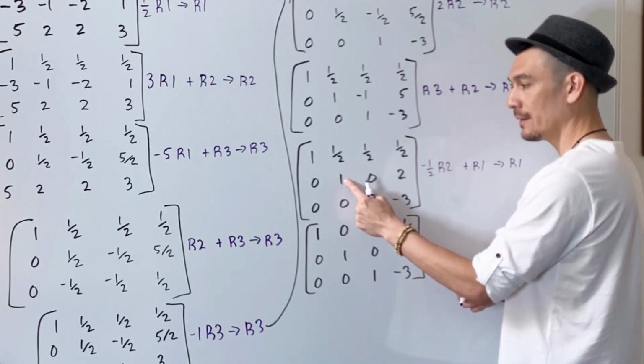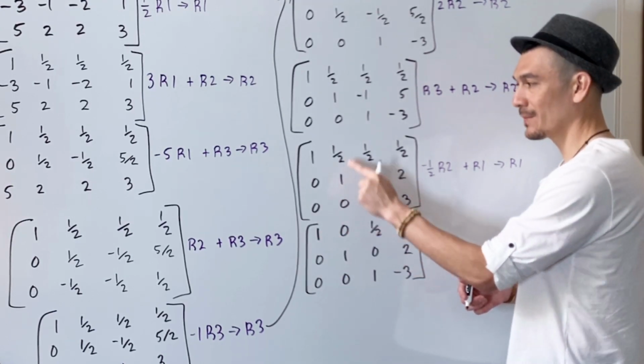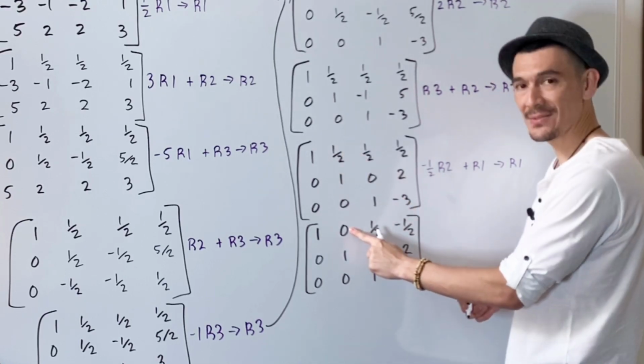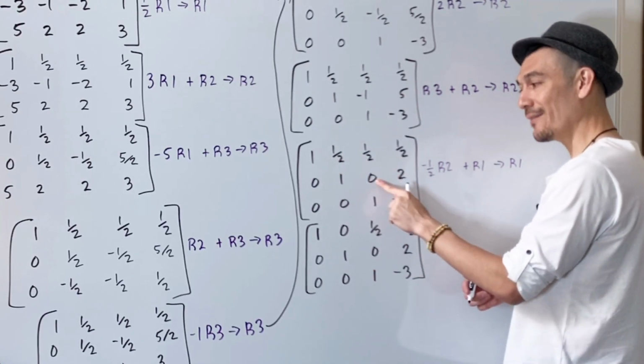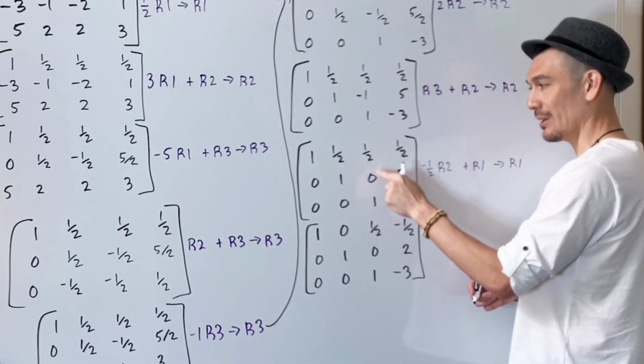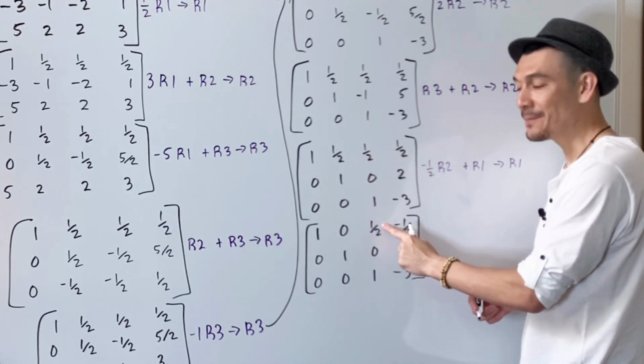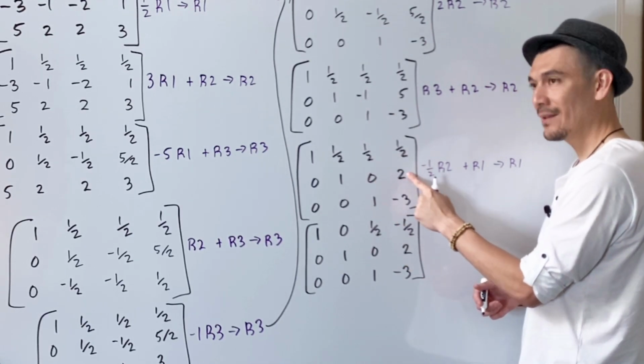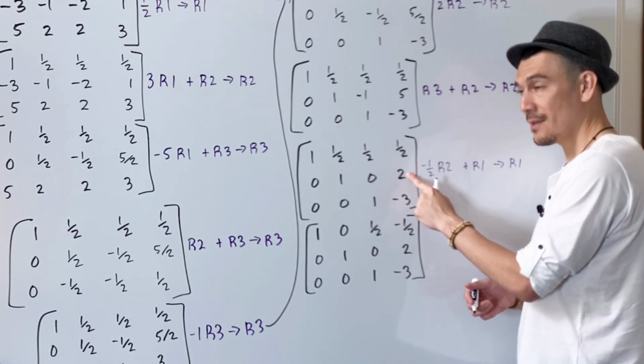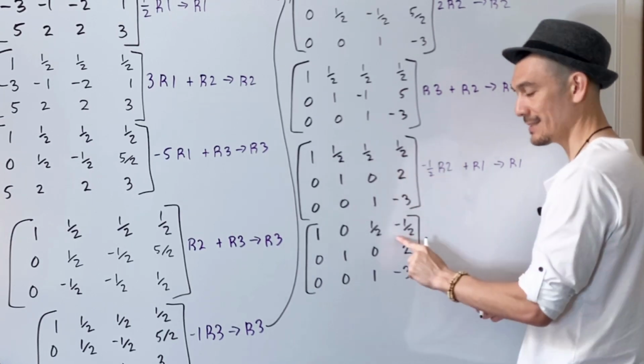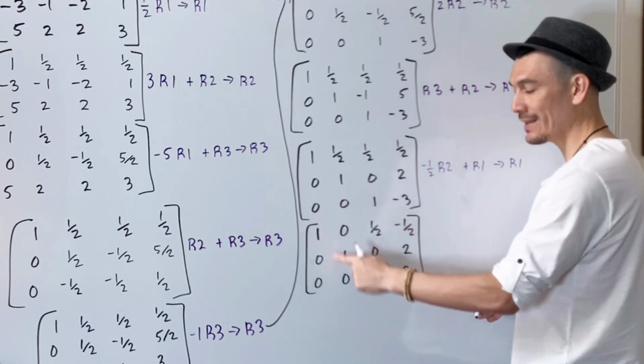Multiply by -1/2, it's a -1/2, plus 1/2, 0. Multiply by -1/2, 0, 0 plus that stays that. Multiply by -1/2, that's -1, -1 plus this is that. And then row 2 and 3 stay the same.